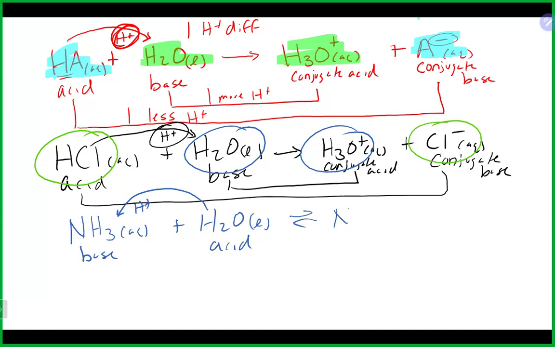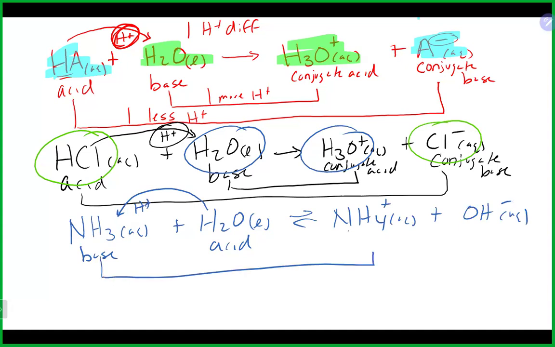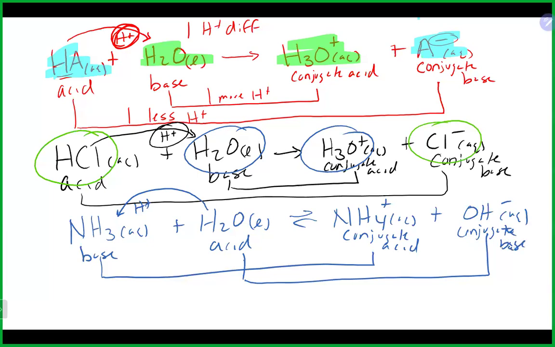When it does so, it will make NH4+ and OH-. Once again, this is the base, and its partner on the other side is the conjugate acid. For water, its partner on the other side is the OH-, and it would be your conjugate base. Once again, the only difference is our H+.